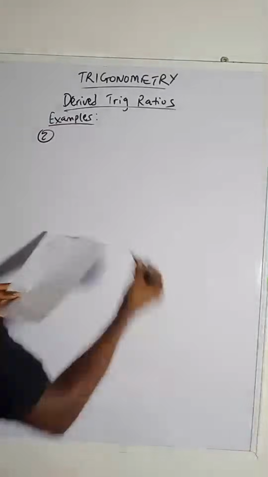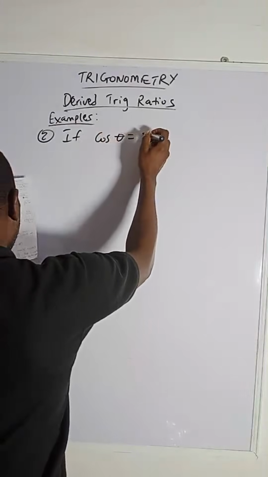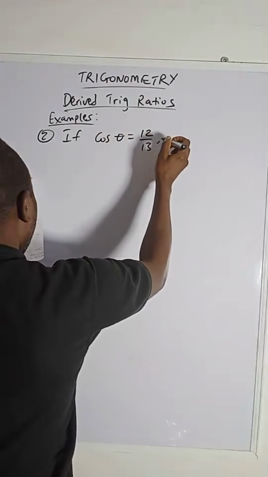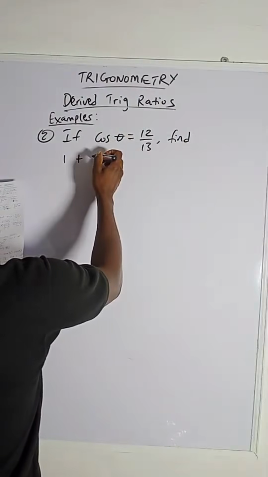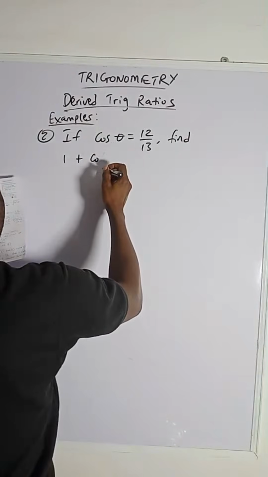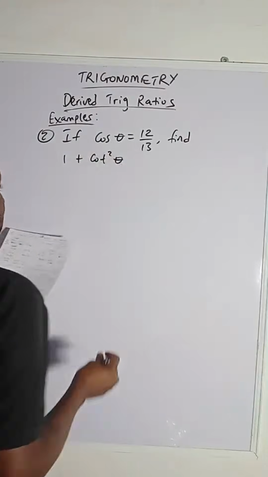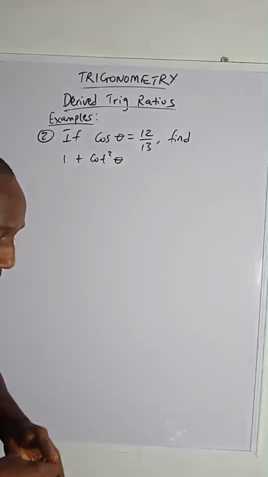Okay, so I'm going to write another question. If cos theta is equal to 12 over 13, find 1 plus cot squared theta.